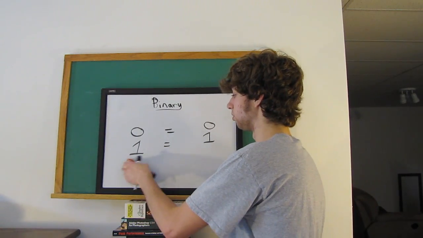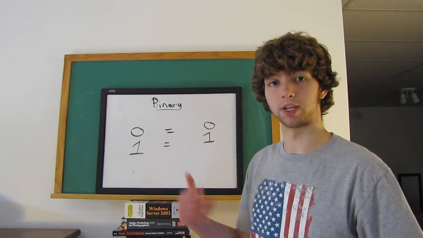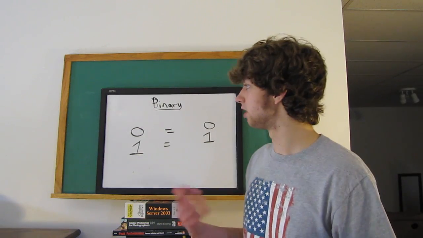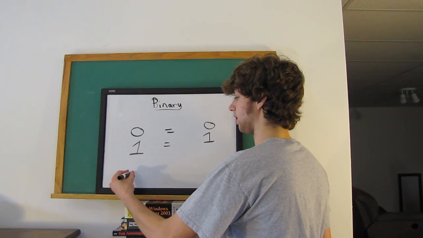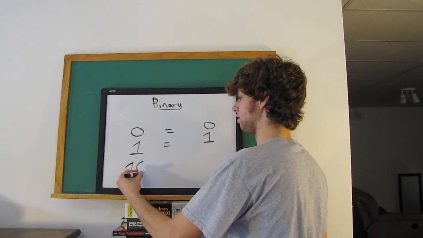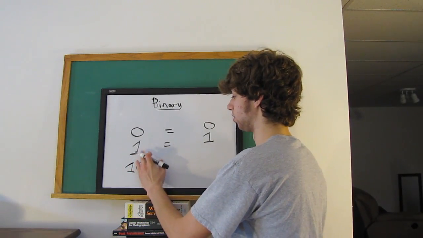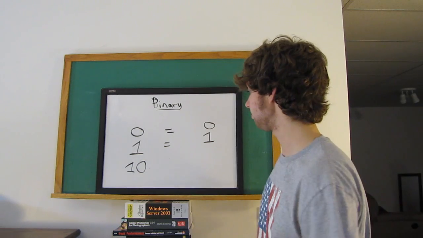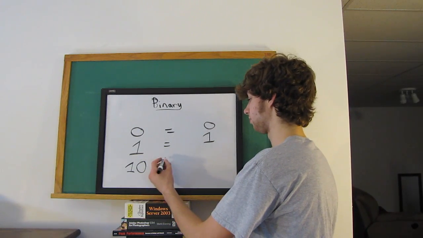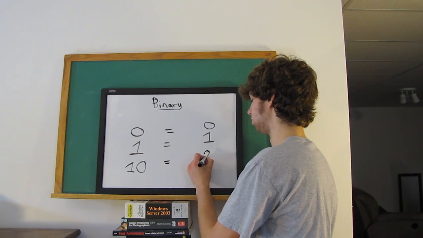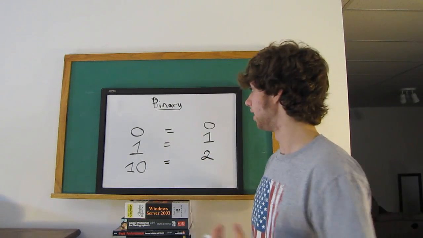So what do we do now? Just like in decimal, when we get to 9, we add an extra digit. Same with binary. So we now have 1, 0. And we'll be explaining how to count this as this video goes on, so stick with it. So 1, 0 is equal to 2 in decimal.